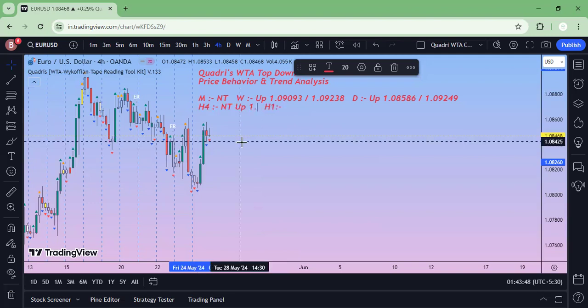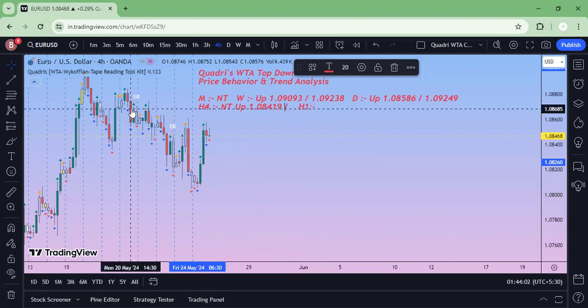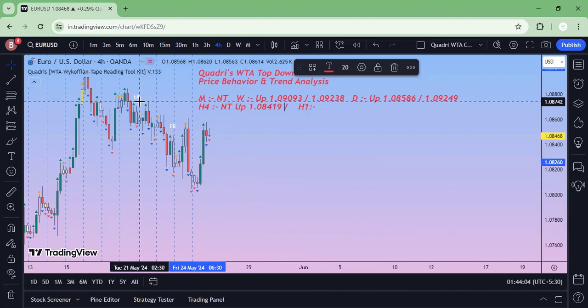Exactly. 8419. If this level is held in coming session, then definitely we can see price reaching up till this level, 1.08743.